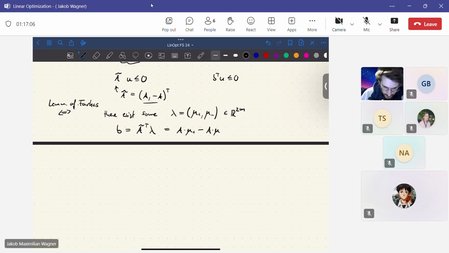And this we can write together again as A times mu plus minus mu minus. And so if we define this as the point x, we have shown that x solves A times x is equal to b.